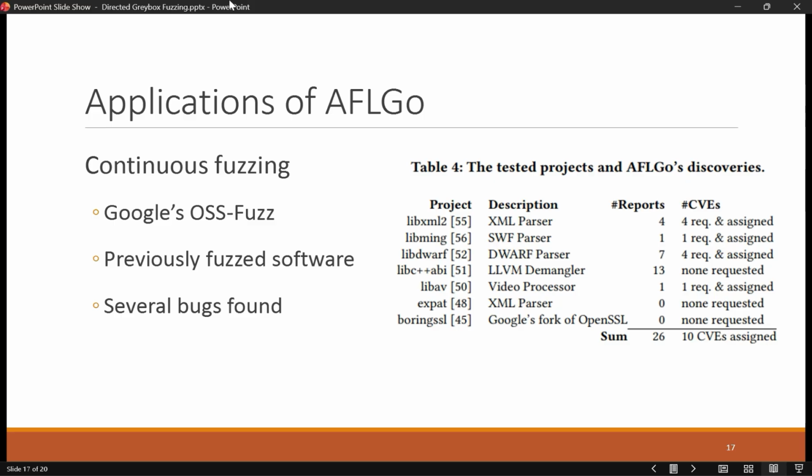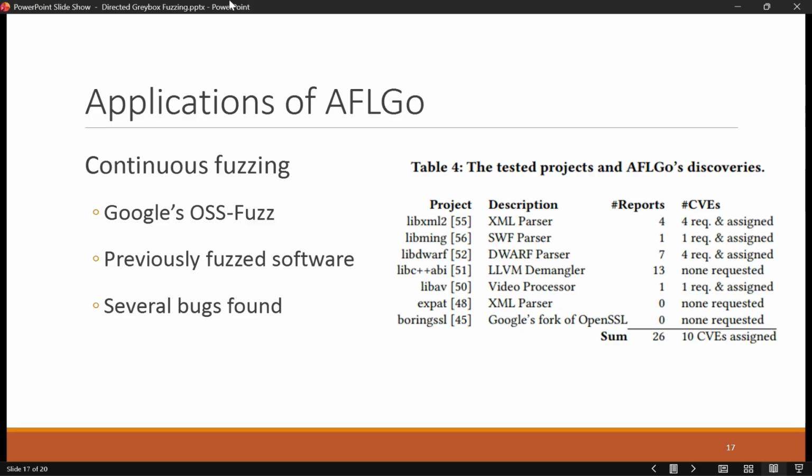The next application of AFL-Go that they used was continuous fuzzing. What they did was they took Google's OSS Fuzz platform, and this is essentially a platform where they'll take open source projects and continuously fuzz them, and they can do somewhere around trillions of executions per day.